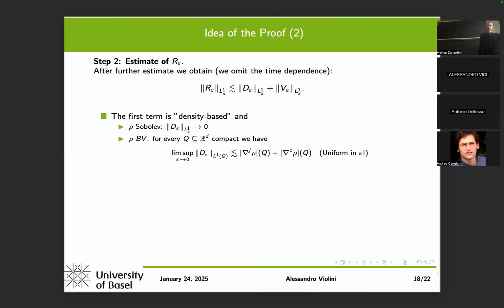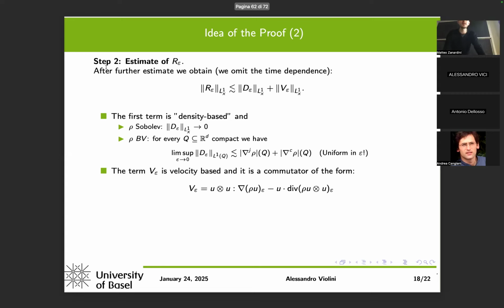So the first term is really concentrated not on the counterpart, but on the full singular part, so on the jump part plus the counterpart. And here you can prove, by using some regularity, some theory of BV functions, an estimate like this uniformly in epsilon. And then you can start to work with the second term.